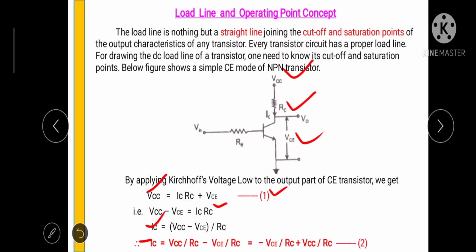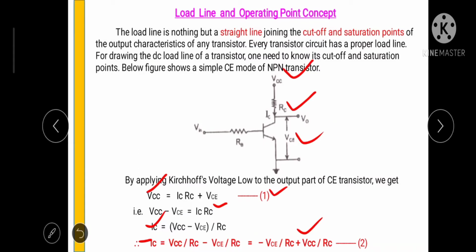Finally the terms can be rearranged as IC equals minus VCE upon RC plus VCC upon RC. Let's name this equation number 2.